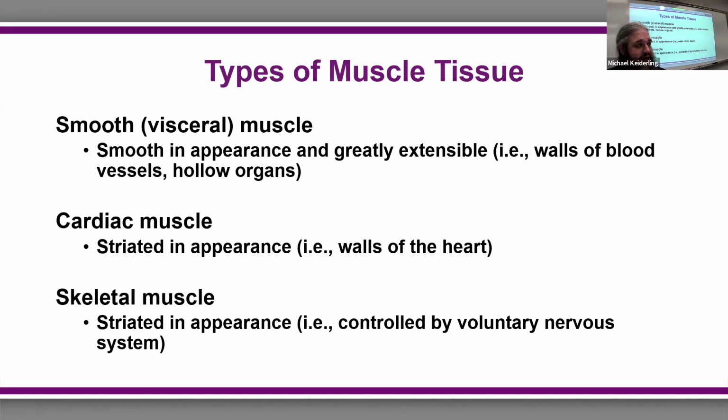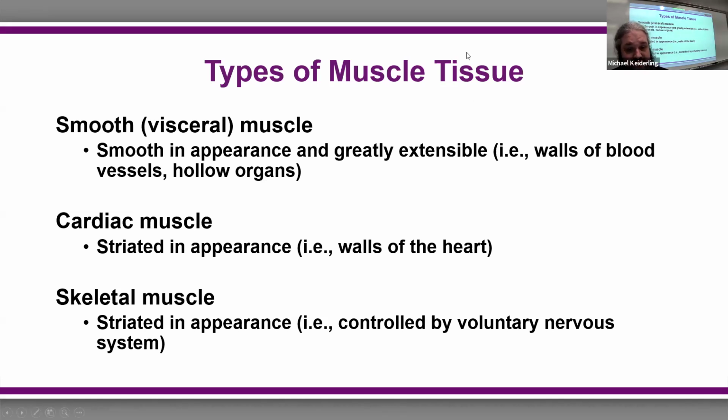It's got bundles of fibers, but it's different in that it can be constantly and repeatedly contracted, because your heart is always pumping. So your cardiac muscle has to always be active, always be contracting and expanding. So it has unique properties because of that.